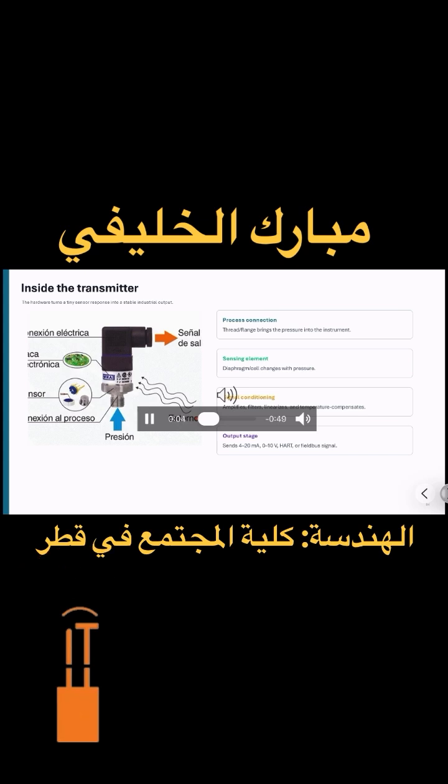Inside the transmitter. Inside the pressure transmitter there are several important parts. The process connection allows pressure to enter the instrument. The sensing element, such as a diaphragm, moves or changes when pressure is applied.